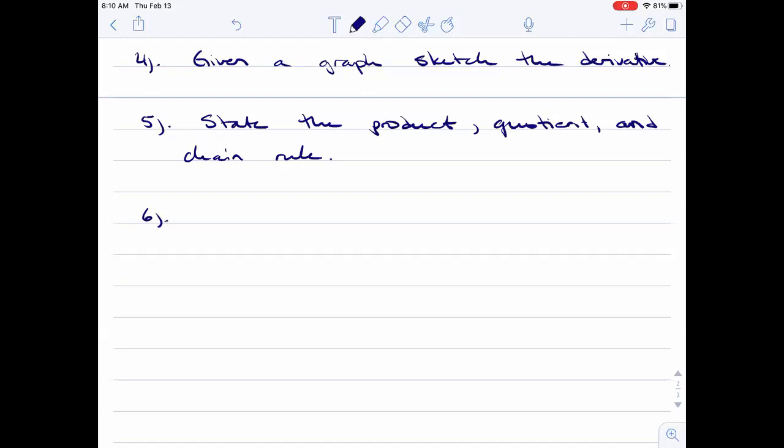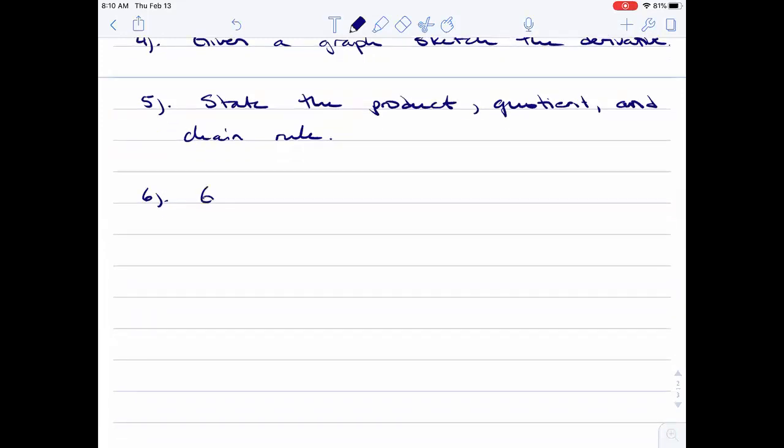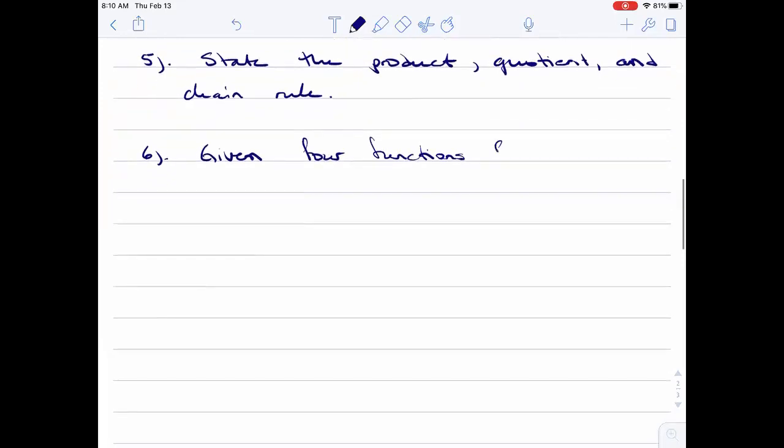And then finally, you're just going to be given 4 functions and asked to find their derivatives. That could be a combination of the product rule, the quotient rule, and definitely the chain rule, which we're going to talk about today because it opens up more possibilities for questions. So, given 4 functions, find their derivatives.